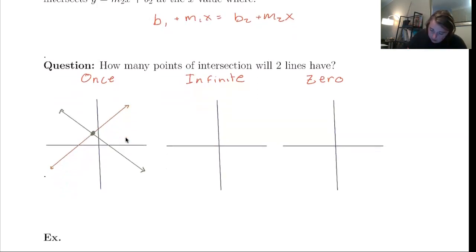Oh, right. So they intersect once if there are different slopes.